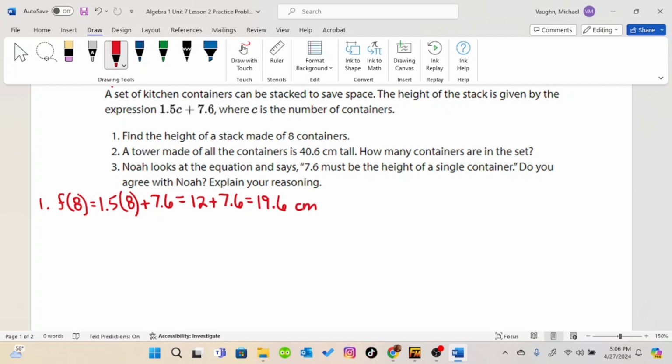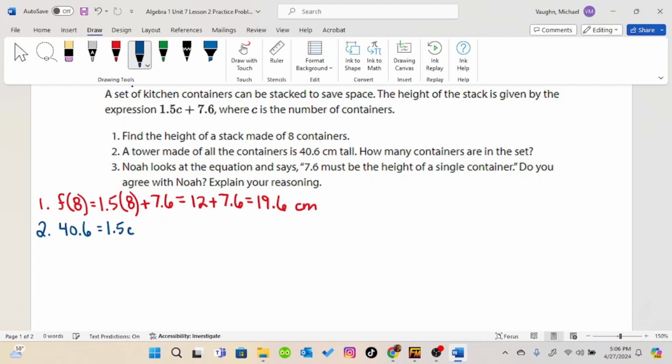Number 2. A tower made of all the containers is 40.6 centimeters tall. How many containers are in the set? So for number 2, they're not telling us how many containers, but they are telling us what the height equals.